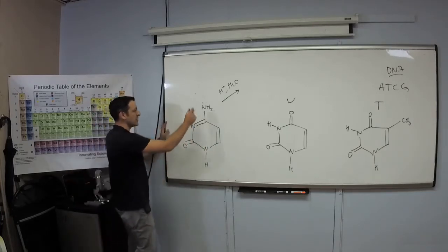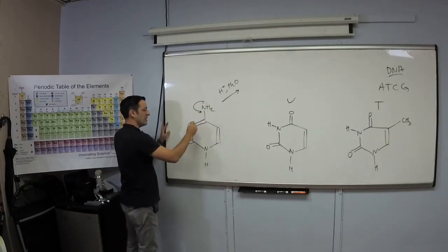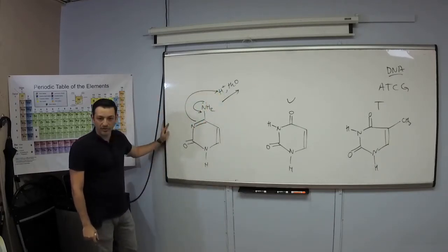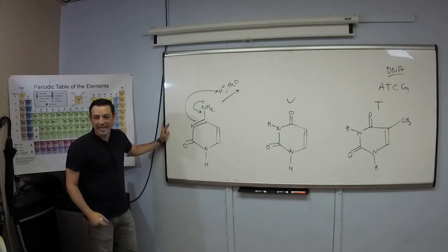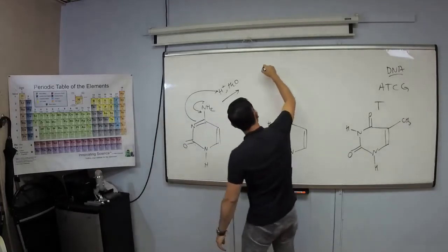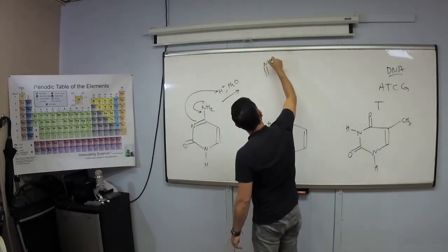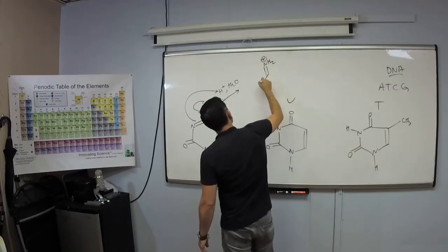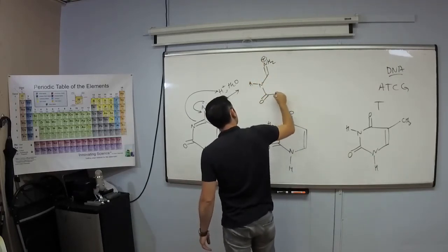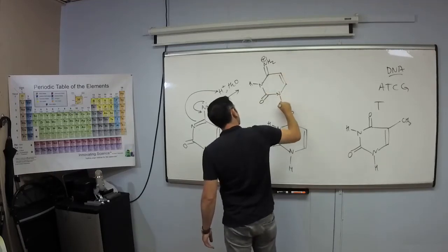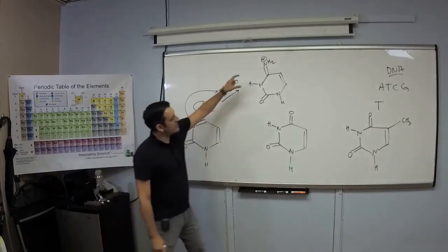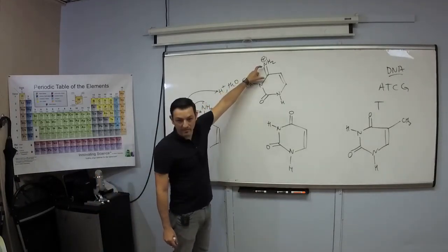But one of the things you could do is these electrons could go here, and that double bond could grab that H over there, right? In a very enamine kind of an attack. And the mechanism begins by creating this.